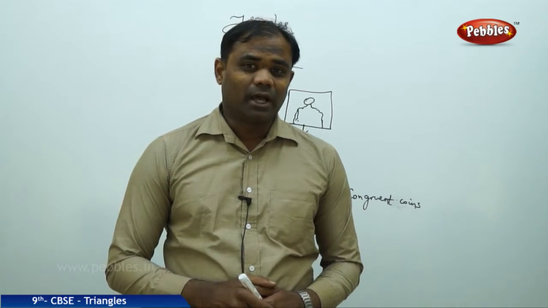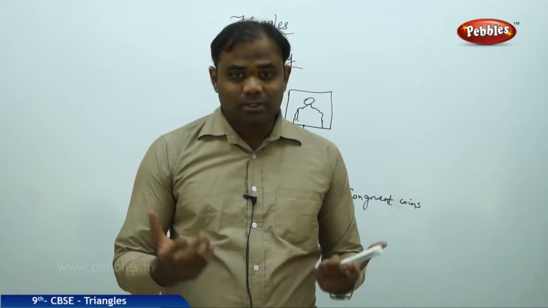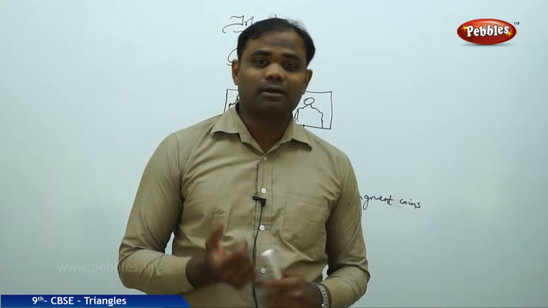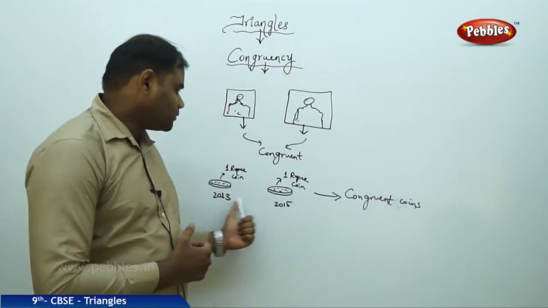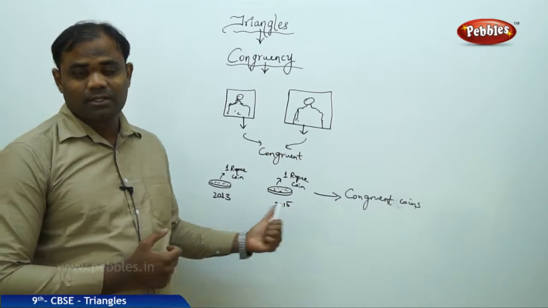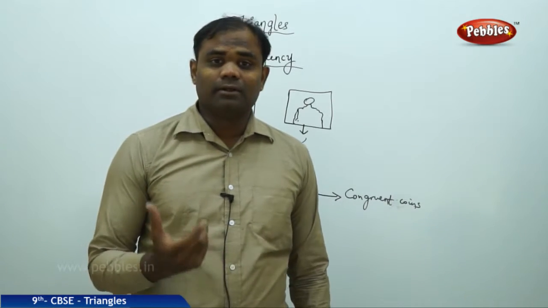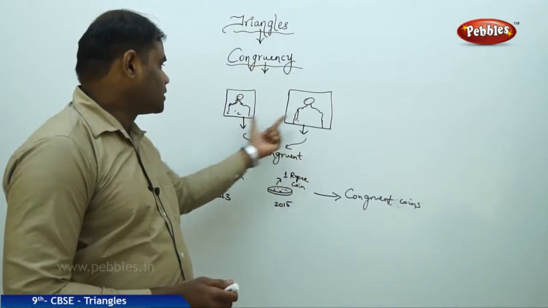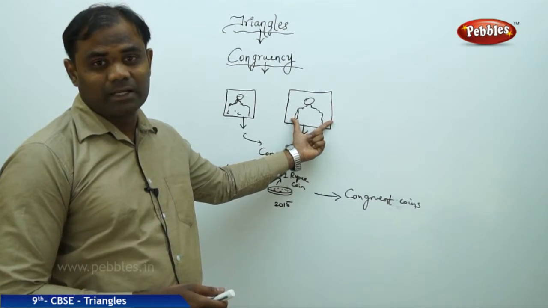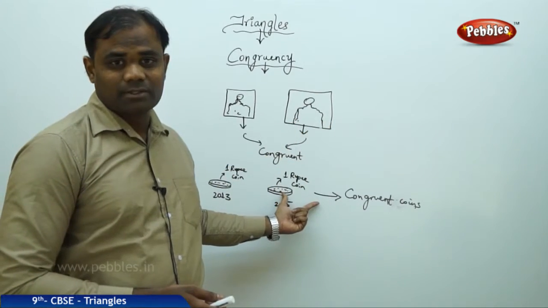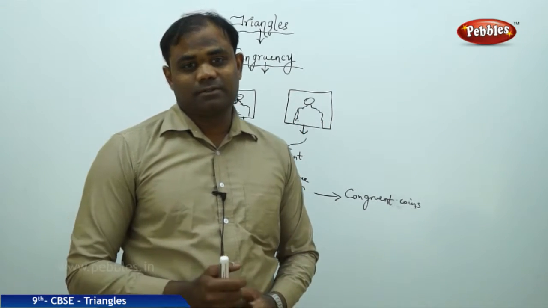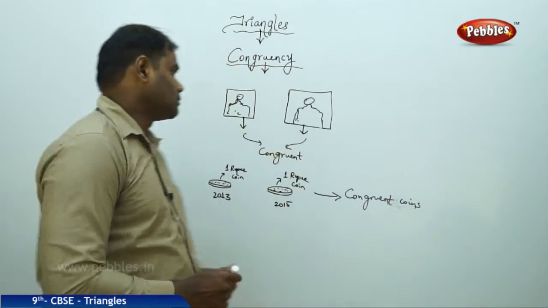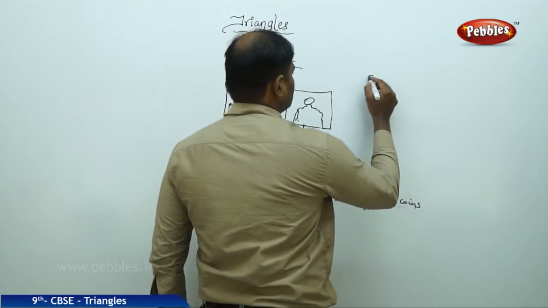So finally, I define congruency: two quantities are said to be congruent if they are equal in all respects. Equal in thickness, equal in size, equal in shape, and equal in quality is how we see the congruency. Congruency of two pictures of mine, congruency of two coins taken of different years. Congruency means equal in all respects.